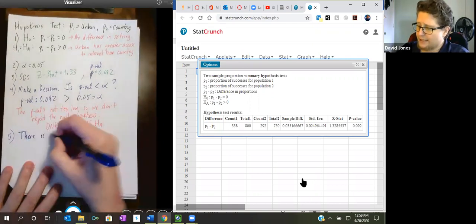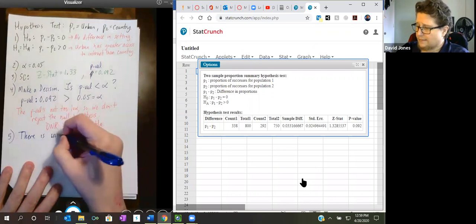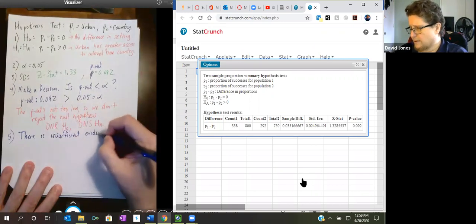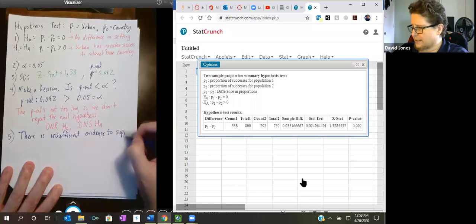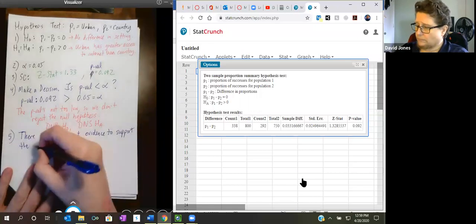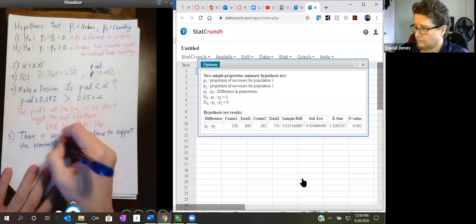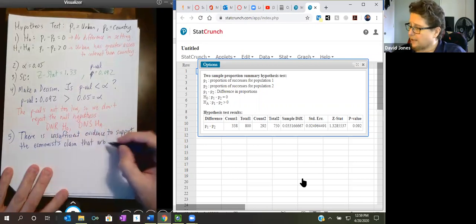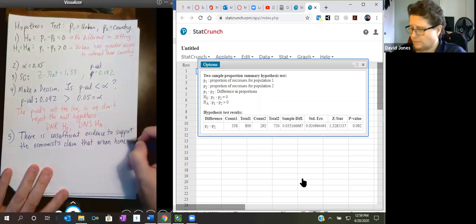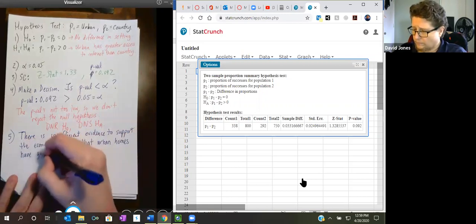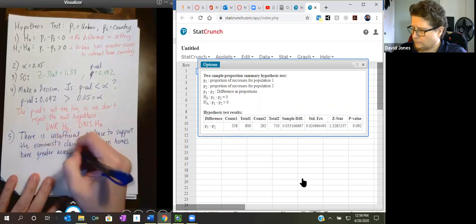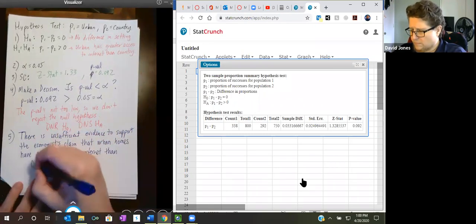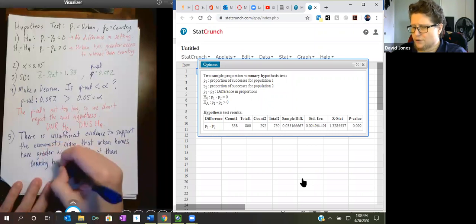There is insufficient evidence to support the economist's claim that urban homes have greater access to internet than country homes.